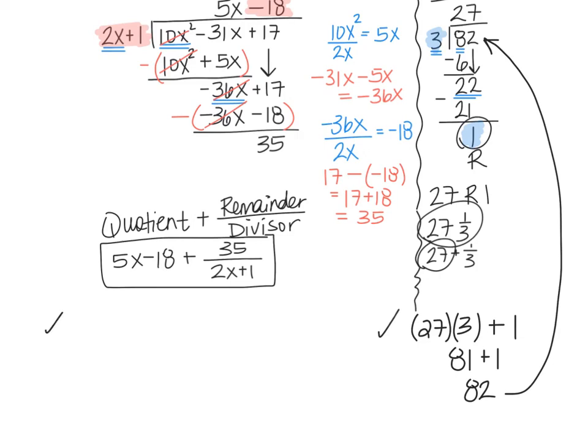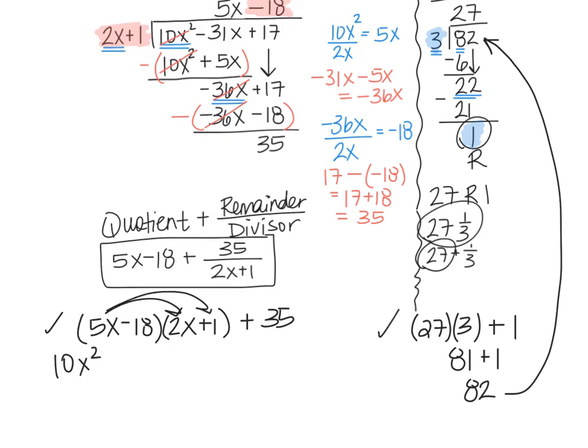So checking polynomial long division is very much the same. We would multiply 5x minus 18 times the divisor, which was 2x plus 1, and then we would add the remainder. In this case, the remainder was 35. So if we distribute, 5x times 2x is 10x squared. 5x times 1 is 5x.